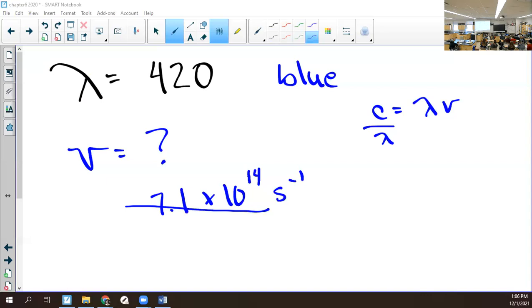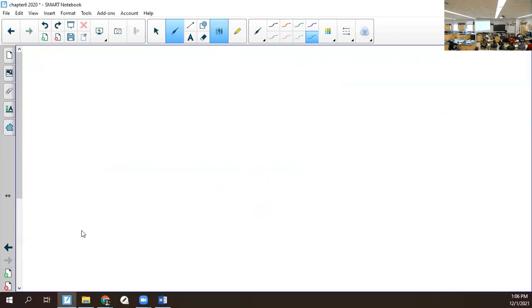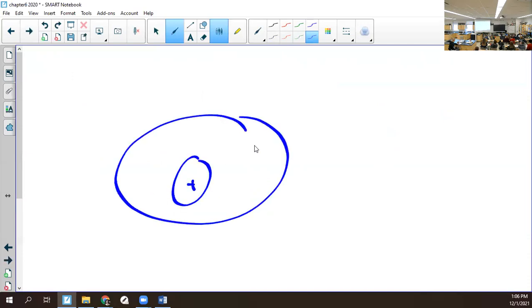Okay. This one's a little different. This is like the question we did that Davis said he struggled with on the quiz, and definitely more than him did, I'm sure. It says that you have an atom and it has an electron, and to eject it took a certain amount of energy.